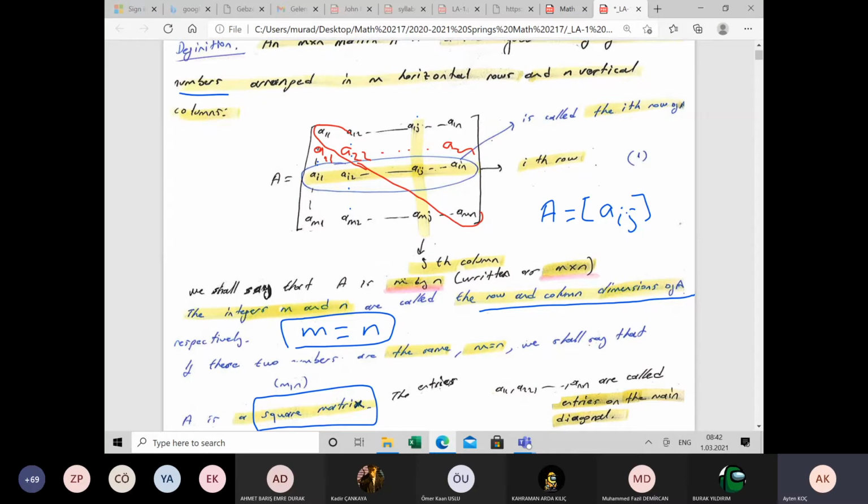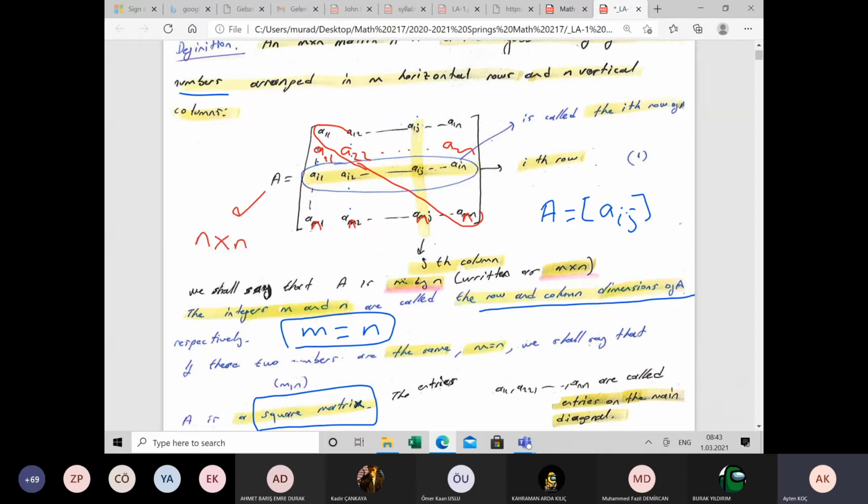Assume that our matrix is a square matrix. So this should be n1, n2, nj, n. So this matrix is an n by n square matrix.